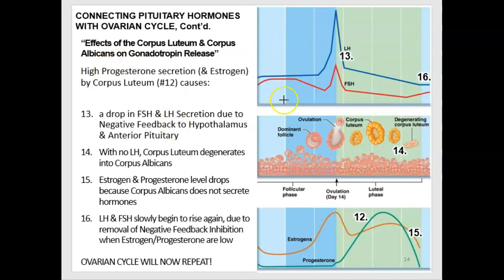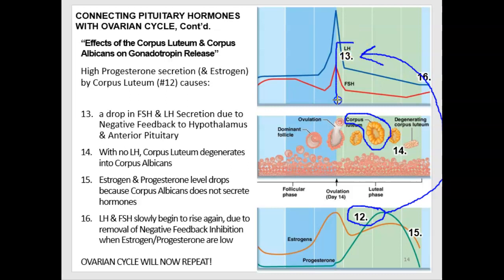So we talked about the fact that this high progesterone made by the corpus luteum, right here is the high progesterone number 12, actually exerts a negative feedback on the anterior pituitary gland, causing a drop in both LH and FSH.